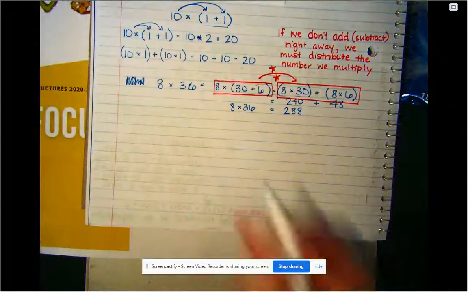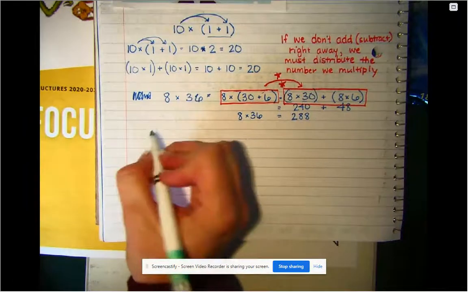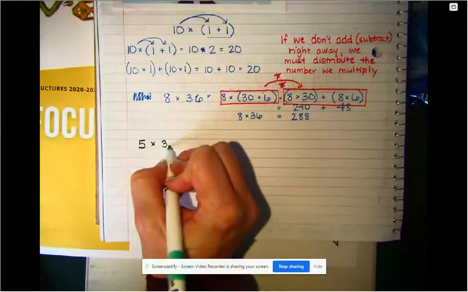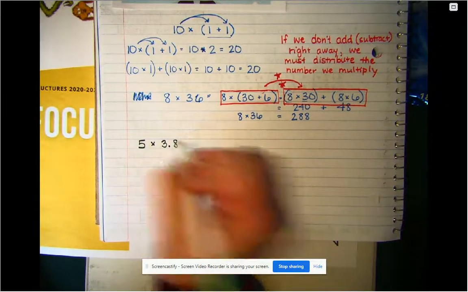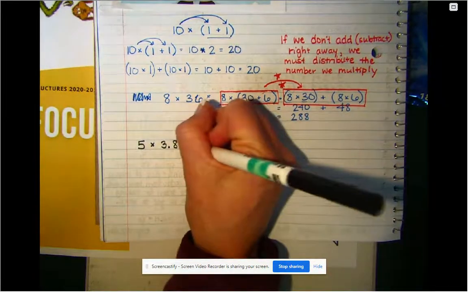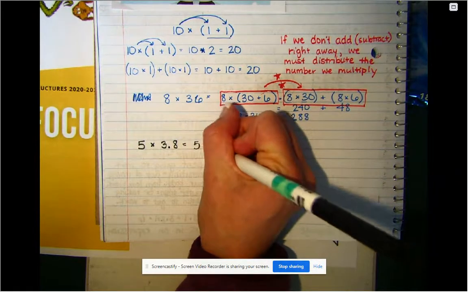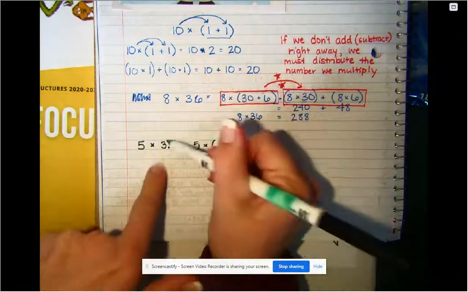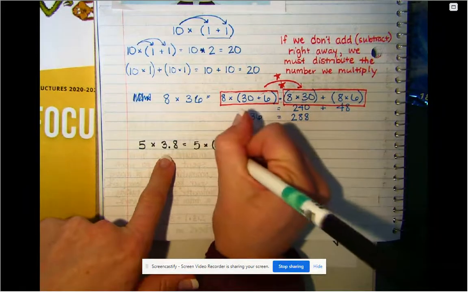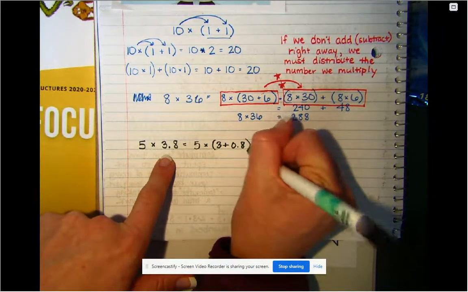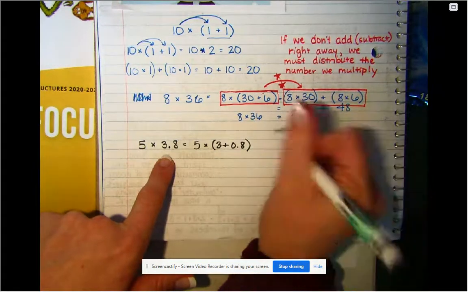Perhaps the number is 5 times 3.8. That might seem difficult to do. We're going to change it to 5 times, and this is where I'm breaking up this number. I'm making an addition expression that equals that number.